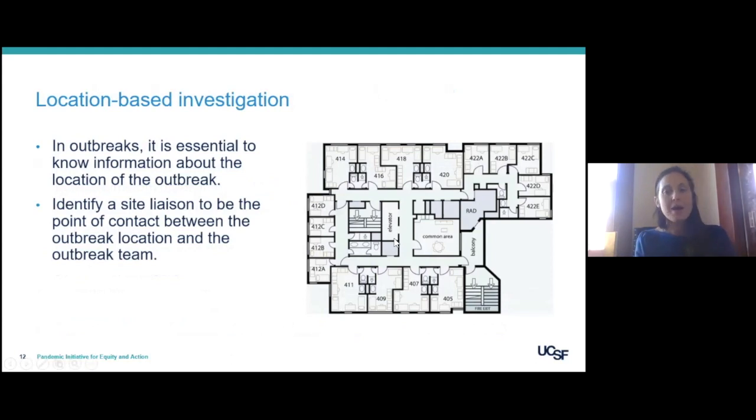When you look at a map, look at it as if you are looking at the flow of traffic, like as if you're looking at highways, and you think about where the high traffic areas are. And also, if you know cases, think about the location of the cases and if they are next to each other, if they're spread out, and also look at the common areas and the shared areas, which would include things like bathrooms, elevators, balconies where people might be having cigarette breaks, things like that.